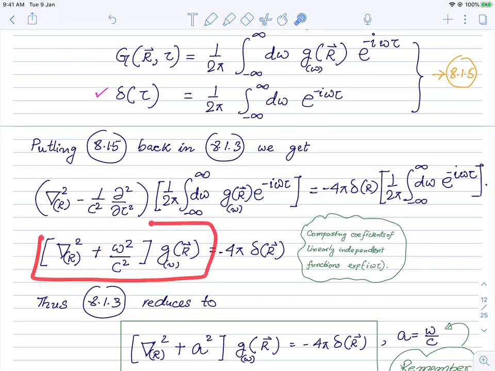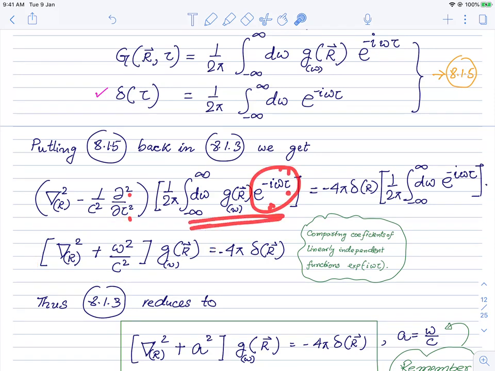Then del square del tau square only hits here, because this is the only function that depends on tau inside the integral, and that will bring down two factors of i omega. That will give me a minus omega square, which takes care of this sign. The minus sign will become a plus sign, and this will become omega square by c square acting on the g function.